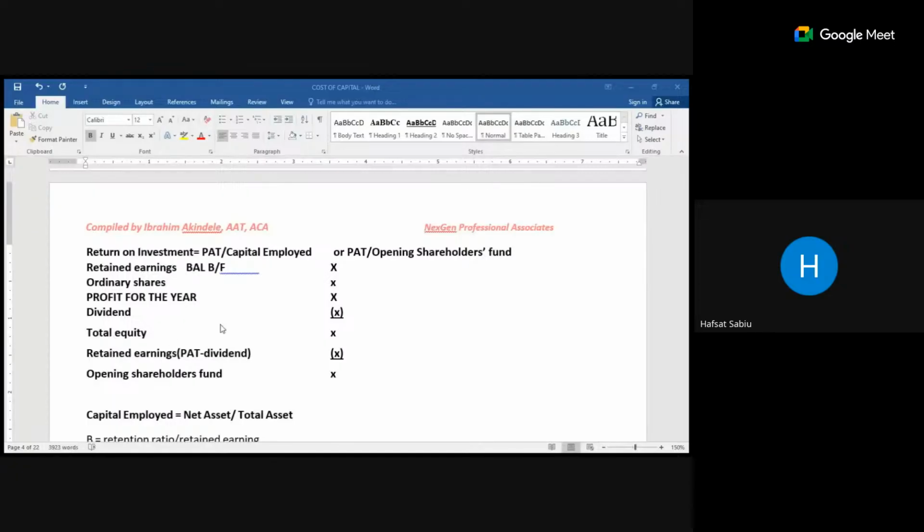Okay, now let me use it this way: for the current year, I remove the retained earning for the current year.